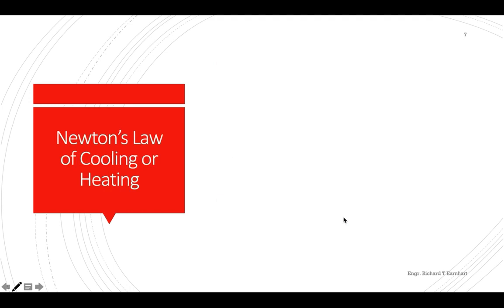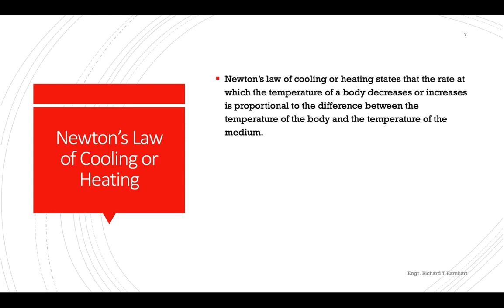Okay. The second application is Newton's law of cooling or heating. It states that the rate at which the temperature of a body decreases or increases is proportional to the difference between the temperature of the body and the temperature of the medium.